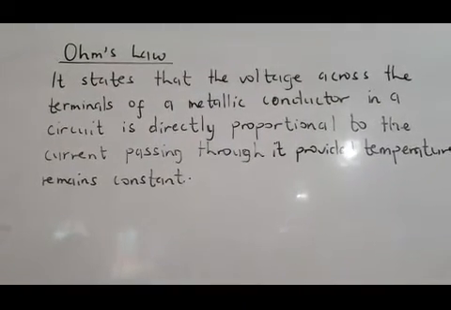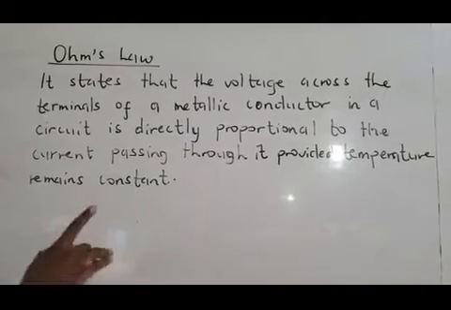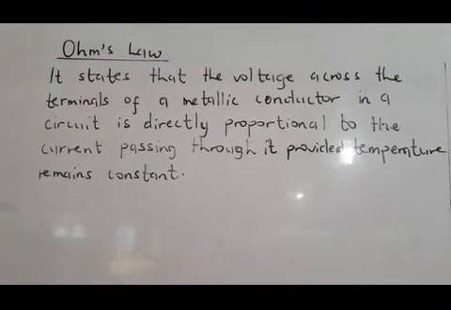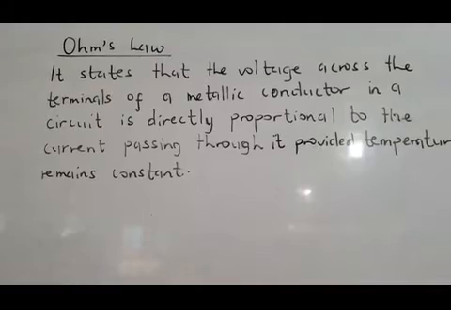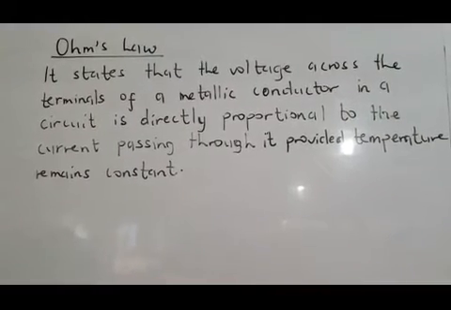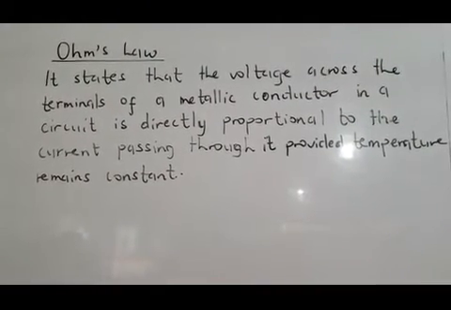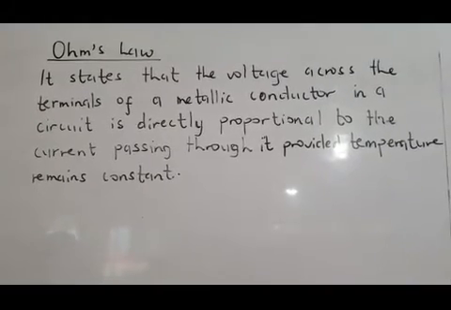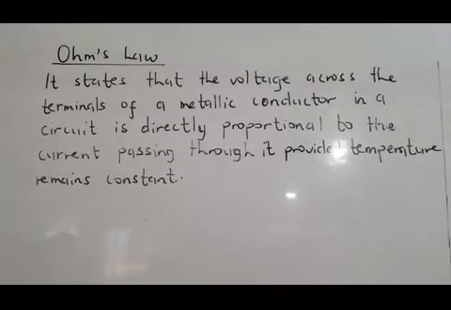So there is a condition there. It means that the voltage will only be directly proportional to the current if the temperature does not change or the temperature remains the same.